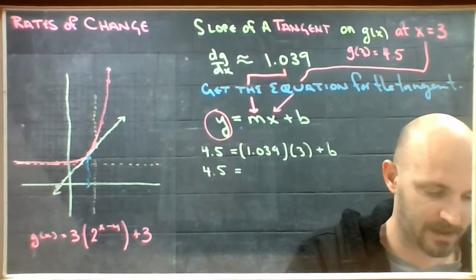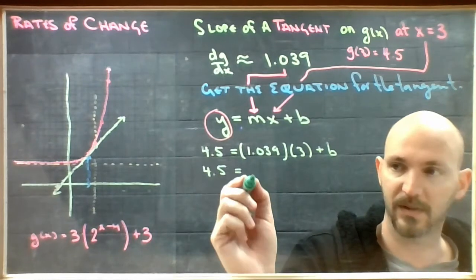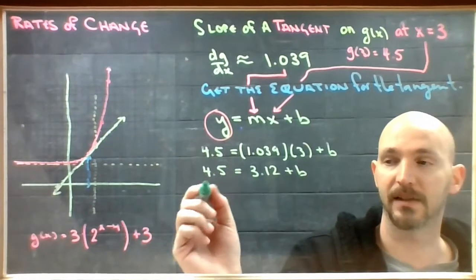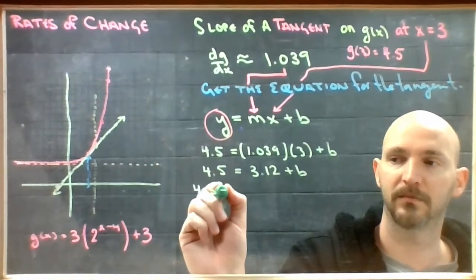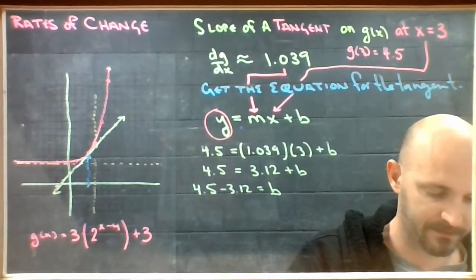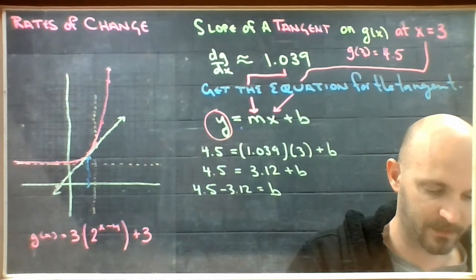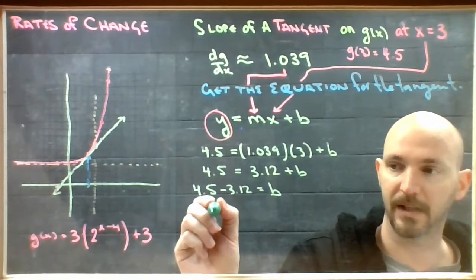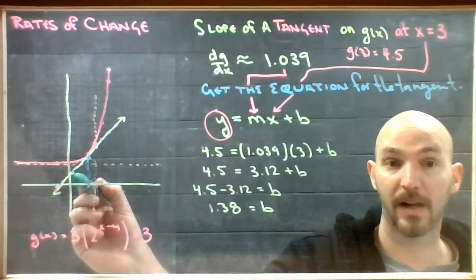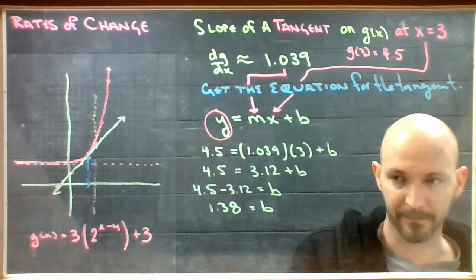So if I drop those numbers in, 4.5 is my approximated slope times the x value in question, plus b. 1.039 times 3 gives me 3.12. I'm going to kick this to the other side. 4.5 minus 3.12 gives me 1.38, which is about where I've got it showing up on the grid here, right? That it's a little bit more than 1.